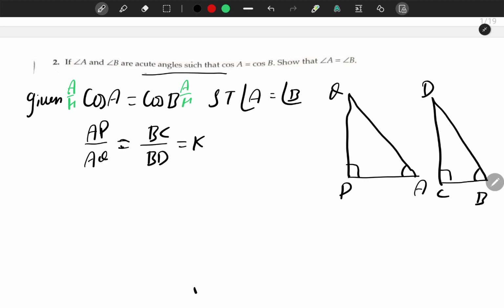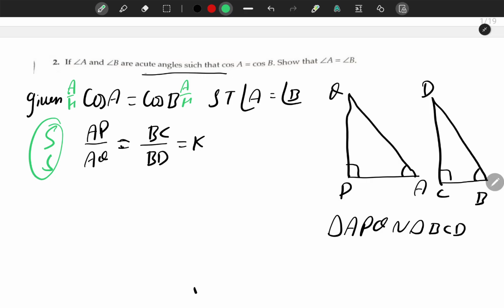So let us take it as these two ratios are equal to K. If we want to show that angle A is equal to angle B, we need to show that triangle APQ is similar to triangle BCD. So here we have two sides ratios are equal. So let us go with SSS.